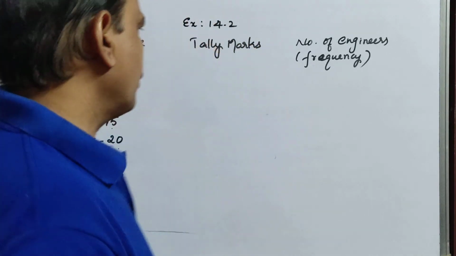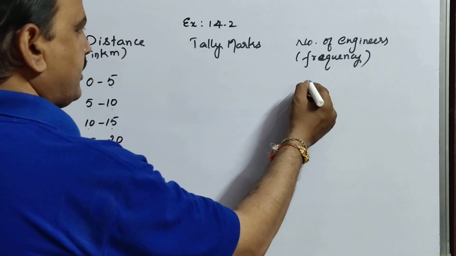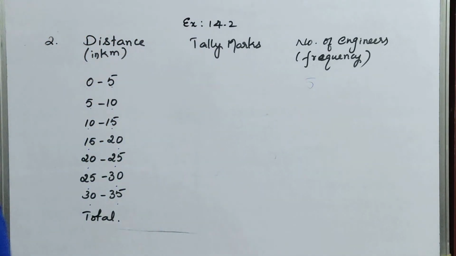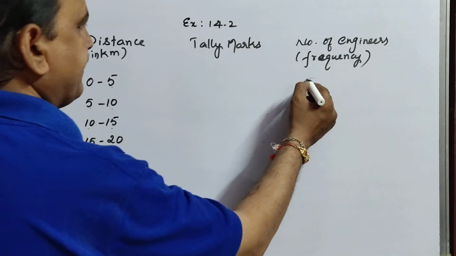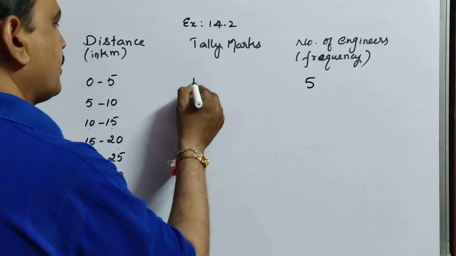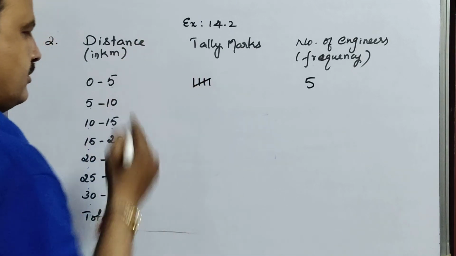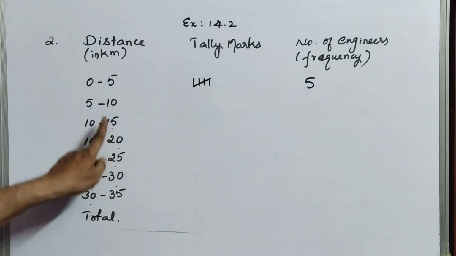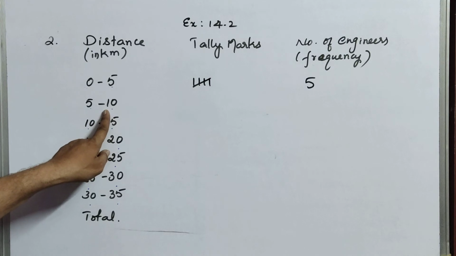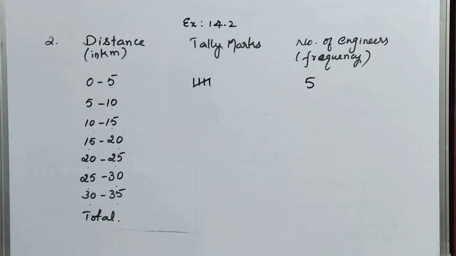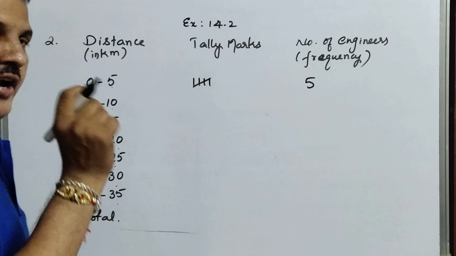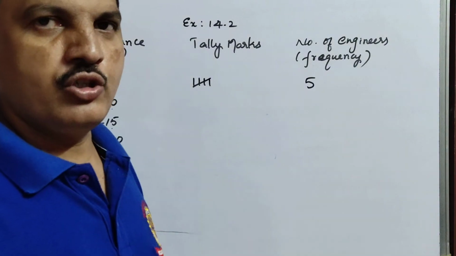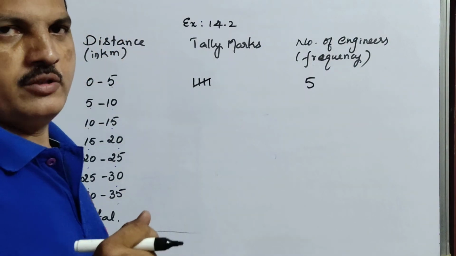Okay, now 0 to 5 there are only 5. That means the frequency here you can write 5. Then tally marks 1, 2, 3, 4, 5. Now 5 to 10, how many are there? 11 are there. In 5 to 10, 10 is not included, until 9 we can count.